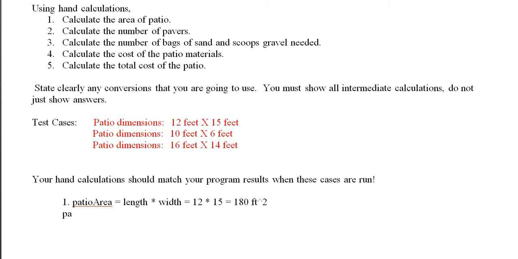So we can calculate patio area in inches to be equal to patio area times 144. So that equals 180 times 144, or 25,920 inches squared.